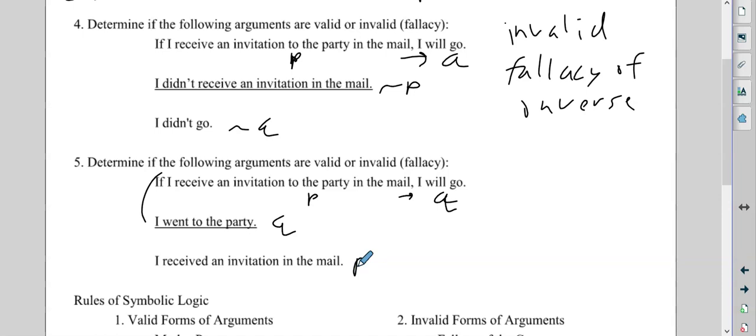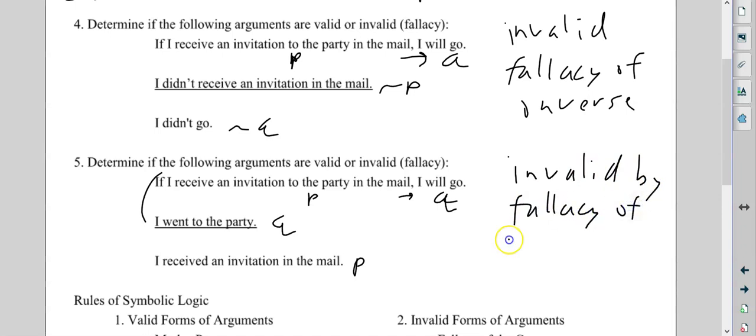Okay. Now, this one is invalid by the fallacy of the converse. Think back to geometry, converses are when you switch them. Okay.